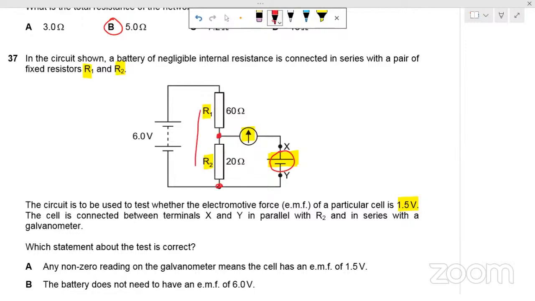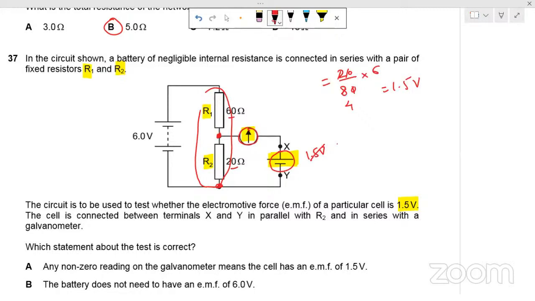So these 2 resistors will be in series. And the voltage across R2 will be equal to 20 by 80 times 6. Why did I use 80? Because 20 and 60 are in series. So this is voltage across 20 ohm, which is 1.5 volt. So if the cell has EMF of 1.5 volt, then galvanometer will show zero deflection.